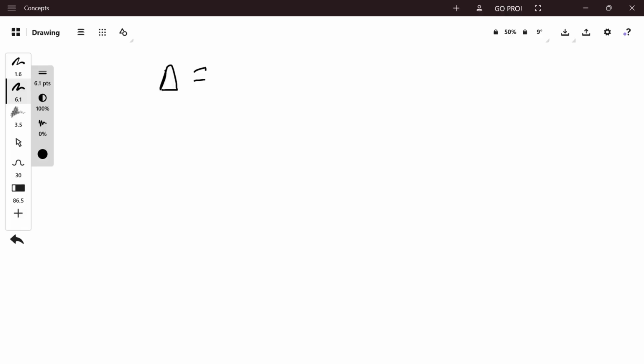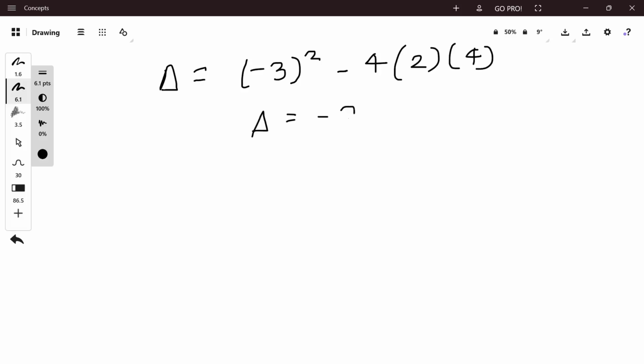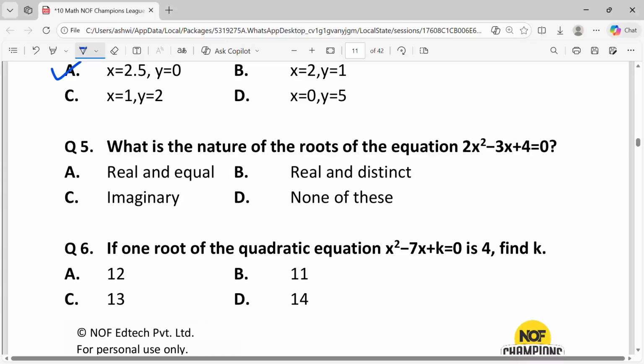That is Δ = (-3)² - 4 × 2 × 4. That is Δ = -23. Since the discriminant is negative, the roots are imaginary complex conjugates. That is option C, imaginary.